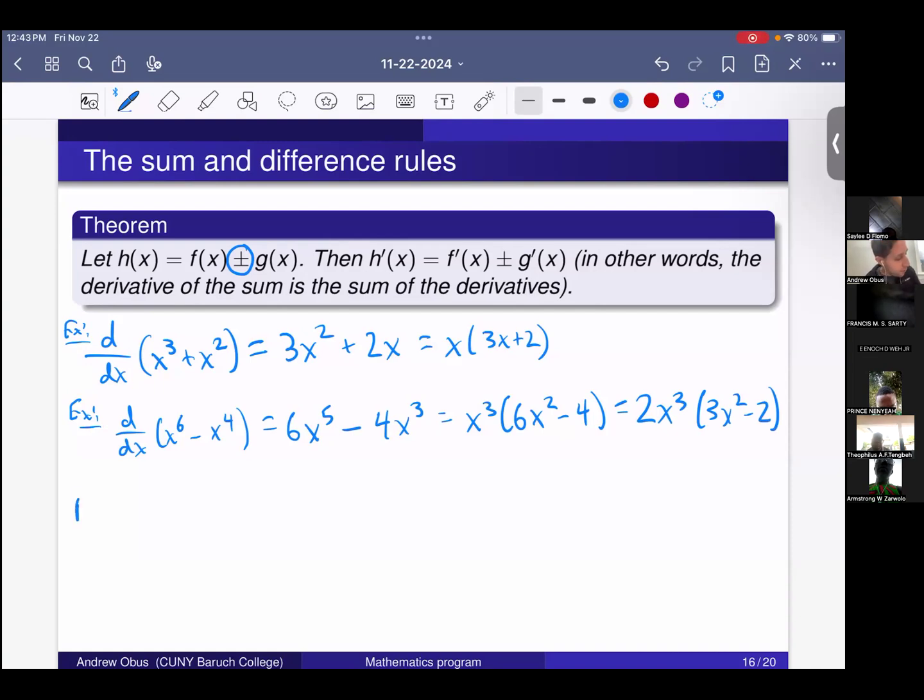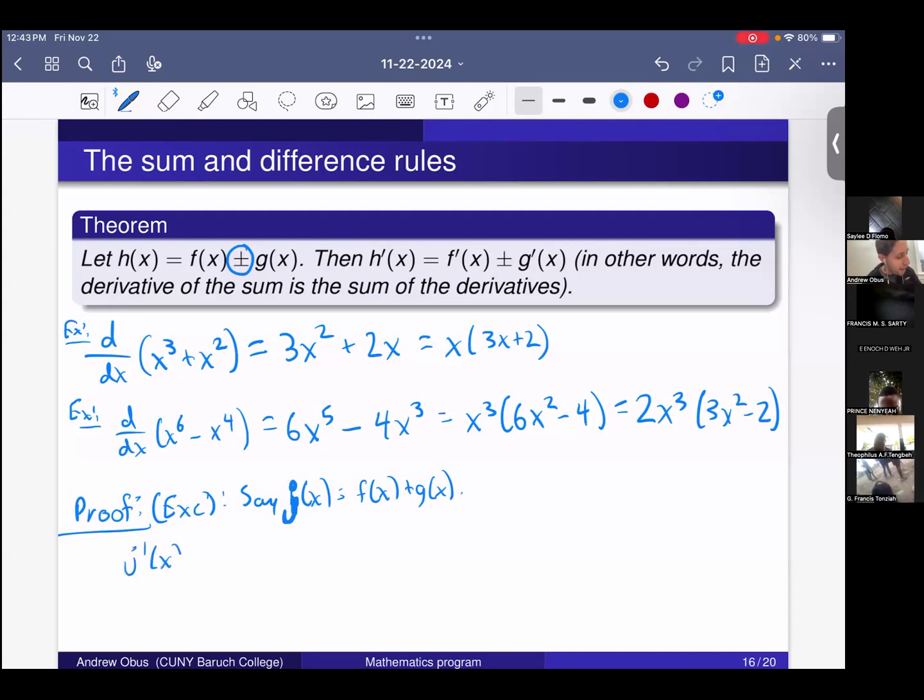Maybe I'll skip the proof of this, but I'll get you started and you can finish this up for yourself. So I'll do one case. Let's say that h of x is equal to f of x plus g of x. Then, h is a bad letter. Let me use a different letter. Let me call it j, because we already have the letter h in the derivative definition. So then what is it?